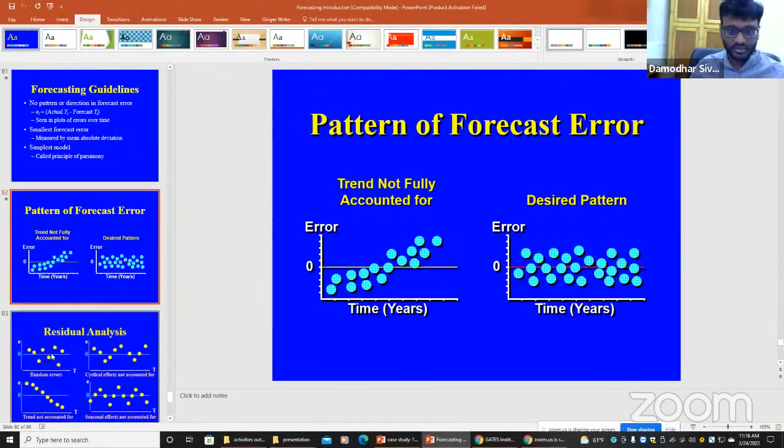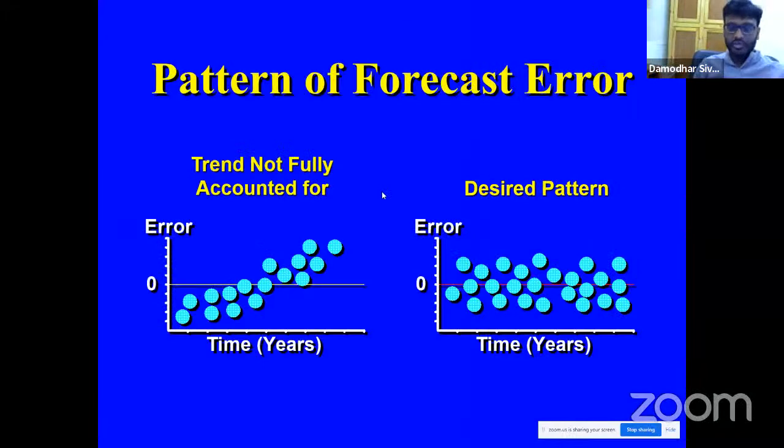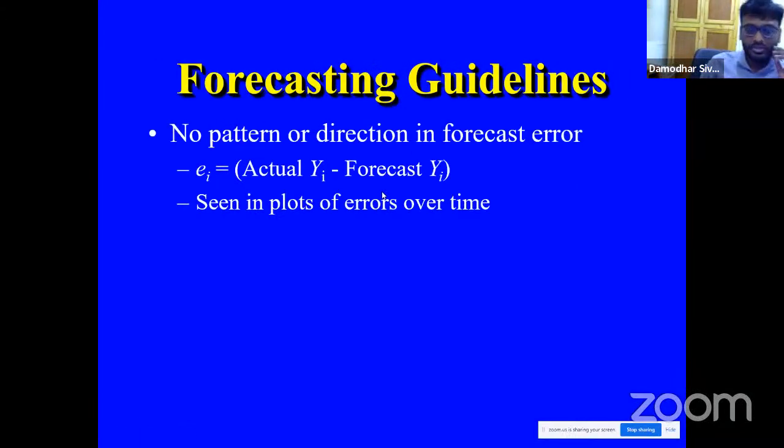And finally, one last point I want to tell you: we have errors now. Whether our model is accurate or not, we have to see that sometimes the error also carries some information. Remember that error should always be random in nature. That means error should not have any relation or any trend.